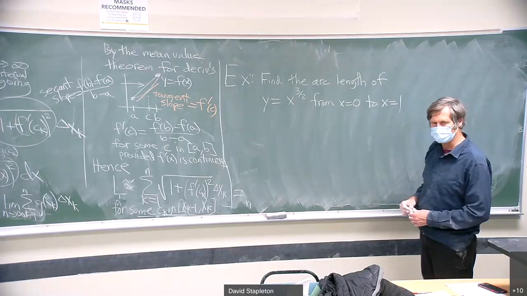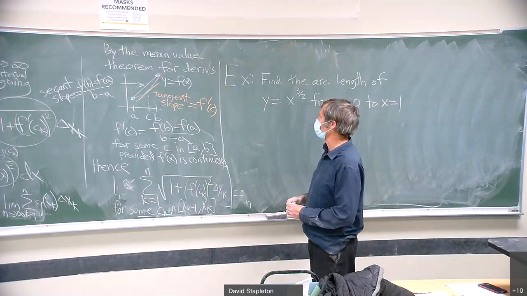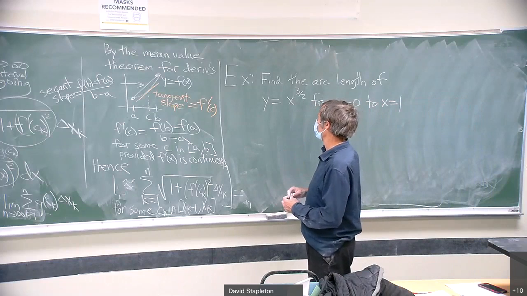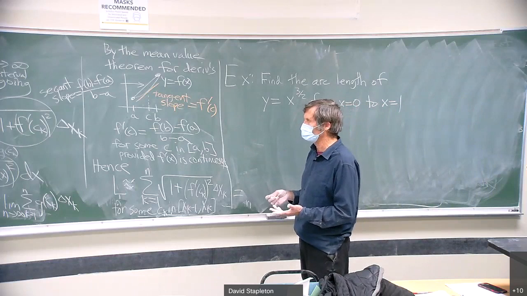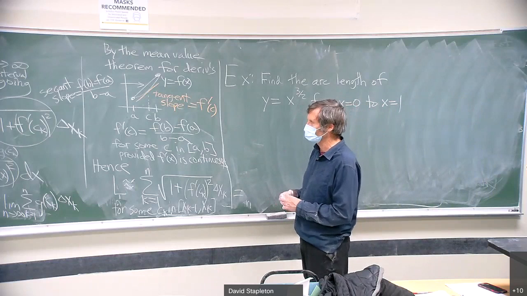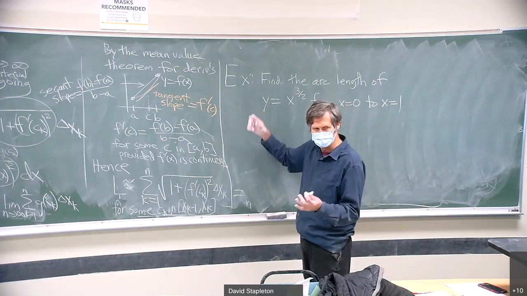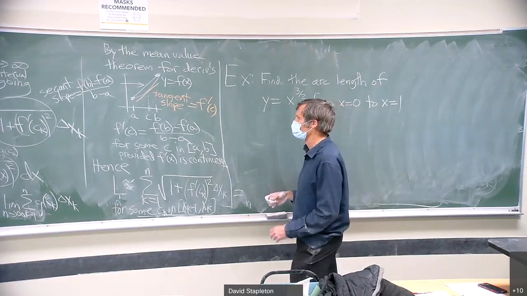One bad thing about this formula, maybe you've noticed, is it gives you a nasty integral. It's usually difficult to evaluate. You have to pick a function real nice to be able to actually evaluate the integral. But the good news is that with modern machinery, you can do numerical methods that approximate this about as accurately as you want. So you can get a good decimal approximation. You just don't get a formula like we will here.